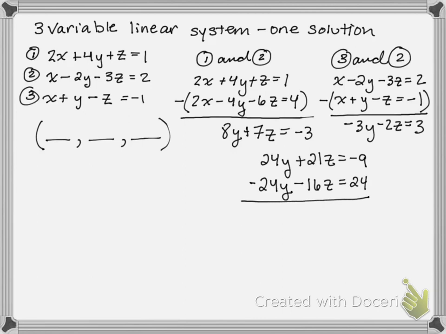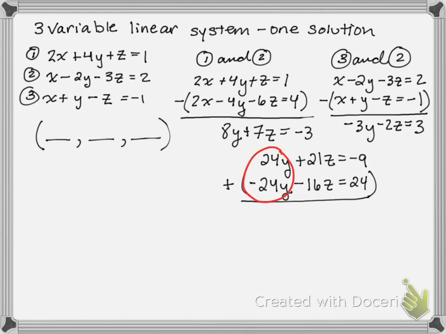Notice up here, when I combined these, I subtracted the second equation. Here, I don't have to subtract. I'm going to add because I have a positive 24 and a negative 24. So if I add these equations, that's going to make the y term drop out.